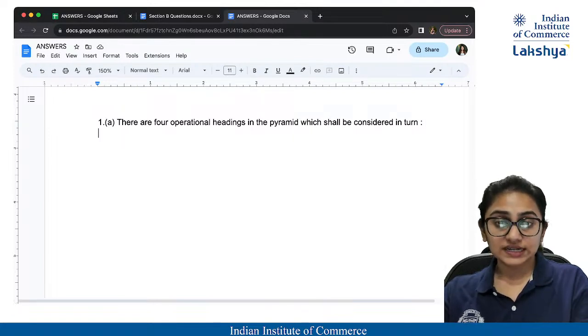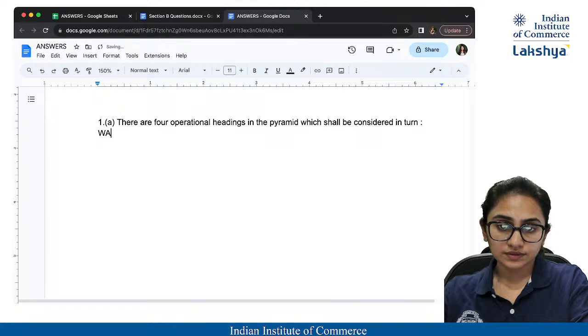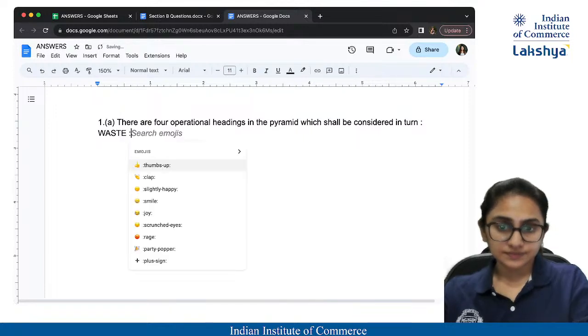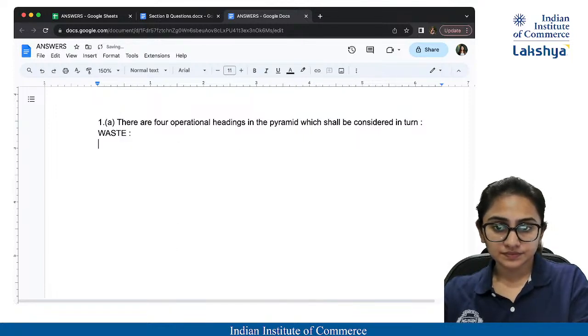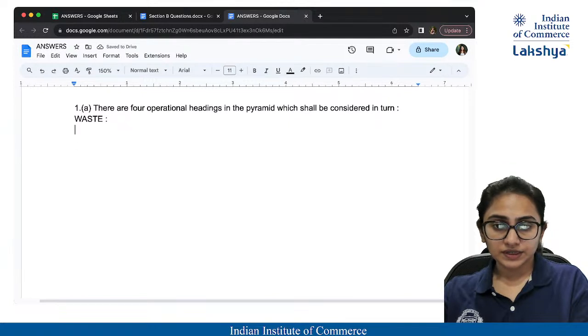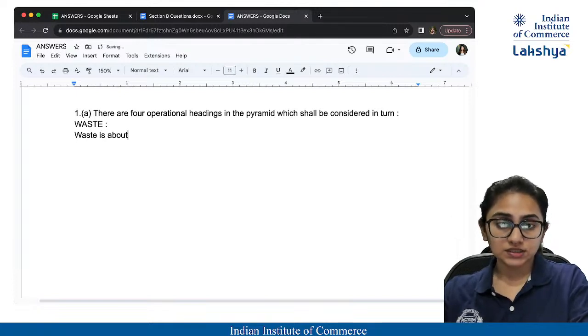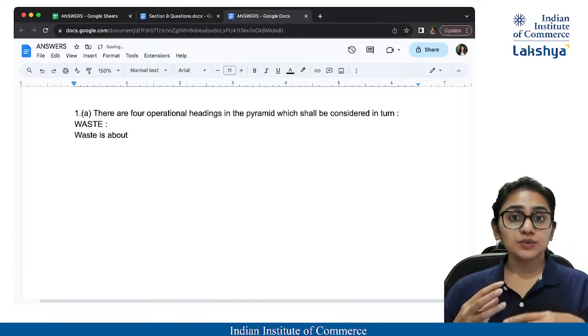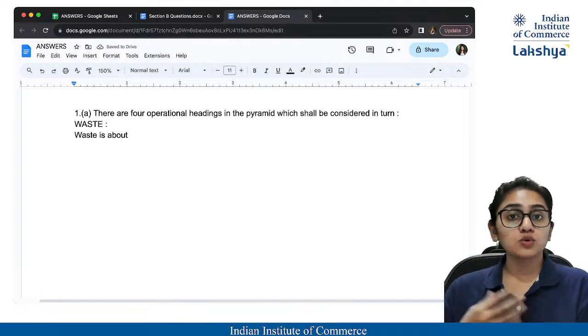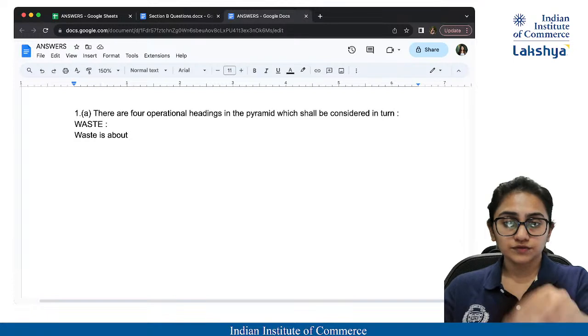So first let's write about waste. What we can write about waste? Waste is about, what is waste? The lesser the waste, that means you're using the most use of resources, optimal use of resources.